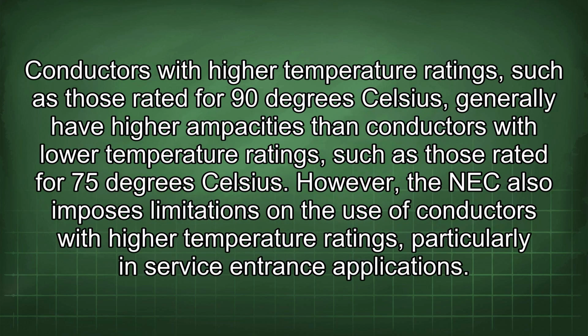Conductors with high temperature ratings, such as those rated for 90°C, generally have higher ampacities than conductors with lower temperature ratings, such as those rated for 75°C. However, the NEC also imposes limitations on the use of conductors with higher temperature ratings, particularly in service entrance applications.